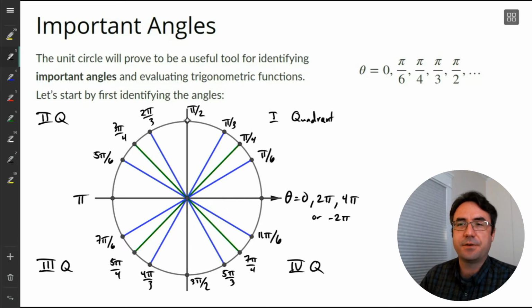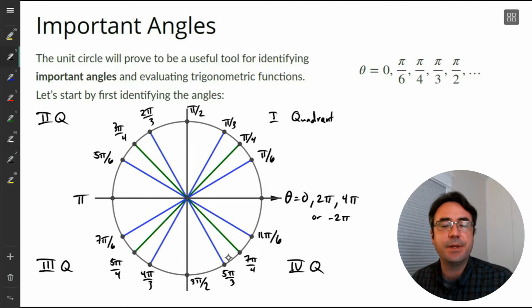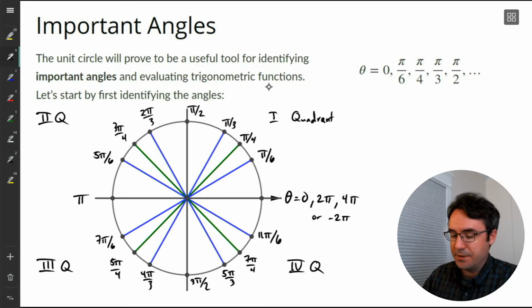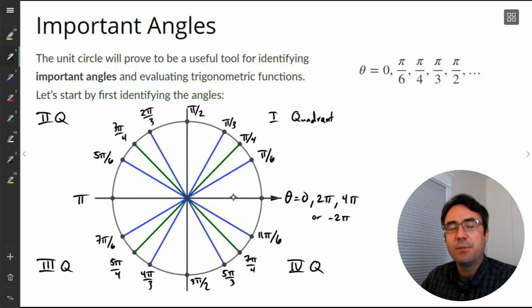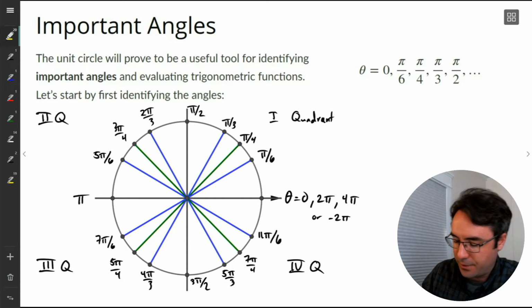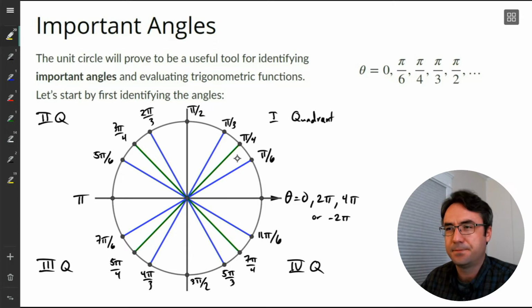All right, so these are all of the important angles that we're really going to be talking about over the next few lessons. And how can we figure these out? Maybe you need to have the ones in the first quadrant memorized, but once you have those done, you can figure out the rest of them based on just rotating around the origin. So let's try pi over 4.